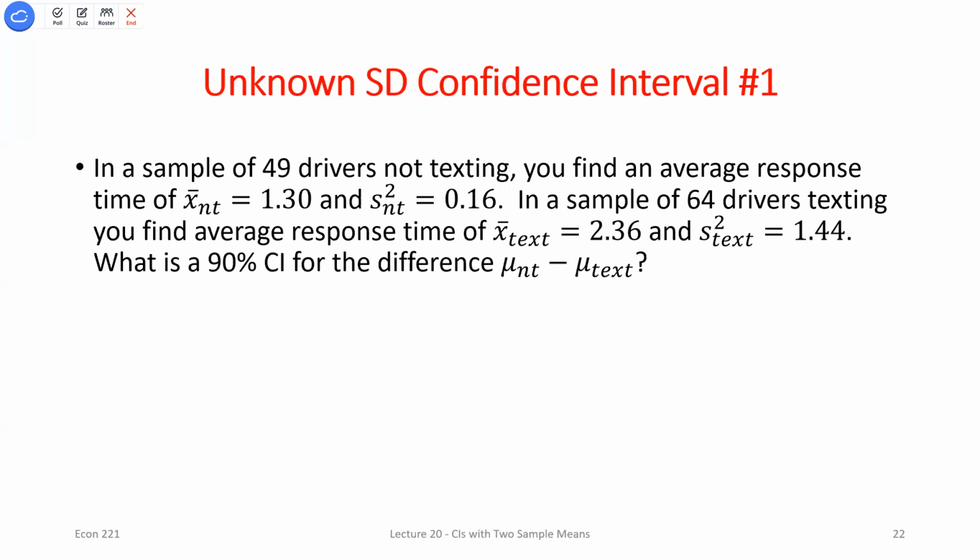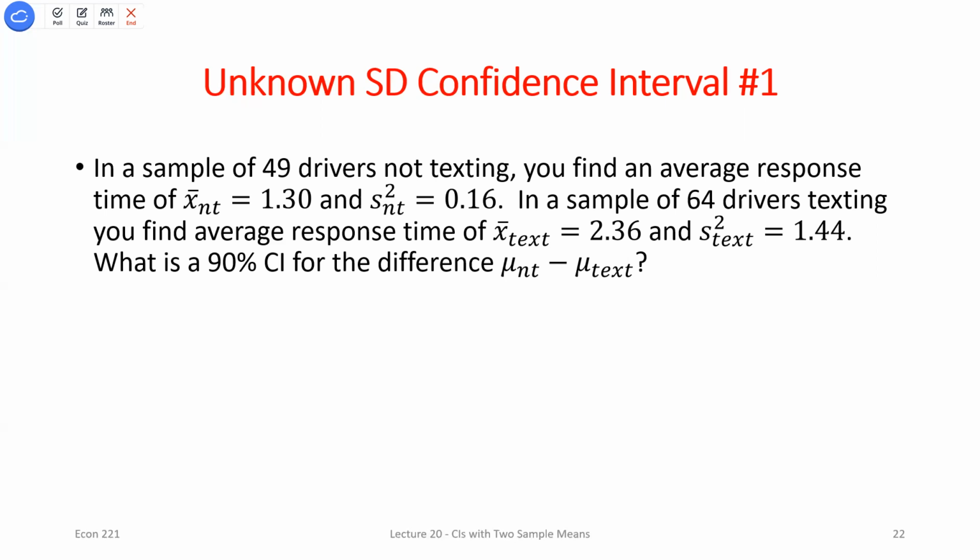So really at this point, all I'm going to do in a problem like this is, if I want to build a 90% confidence interval for that true difference in response times between texters and non-texters. Actually, I might have said that backwards, between non-texters and texters, the way I have it set up here. Well, I've got my two sample means, my two sample variances, and my two sample sizes. It's going to be a matter of plugging those values into that confidence interval equation.